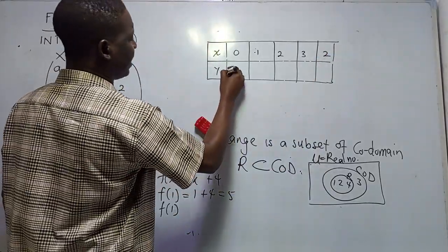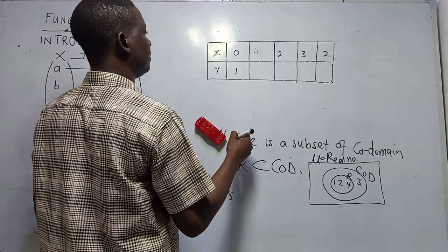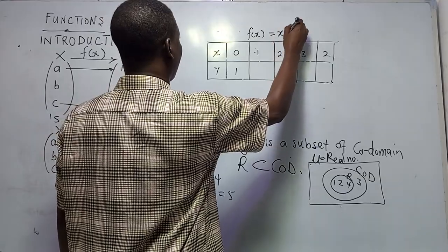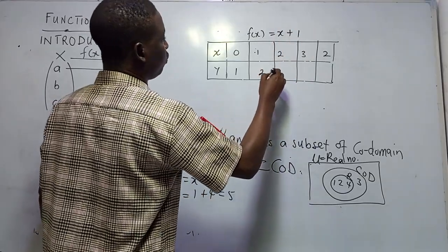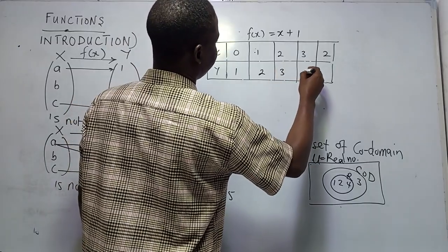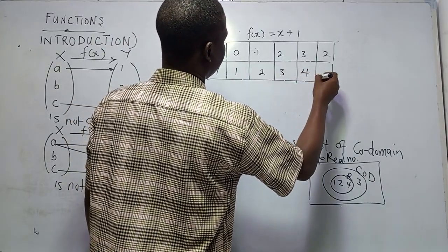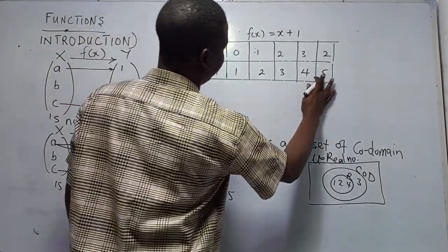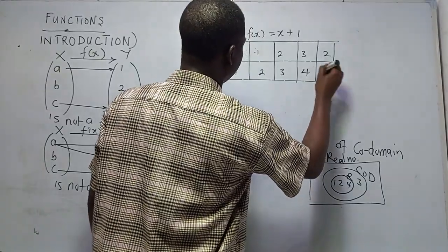For instance, this one gives you 1. Let's say the function of this particular x is x plus 1. So this will give us 2, this will give us 3, this will give us 4. Then I wrote 5 here, or maybe they put 2 here.